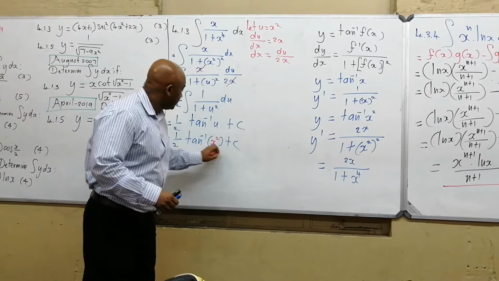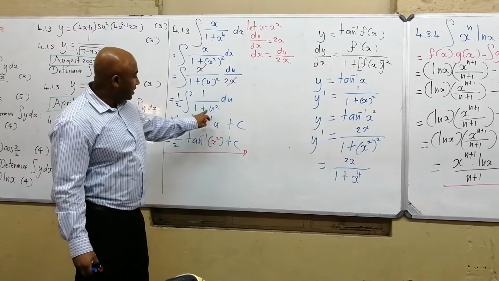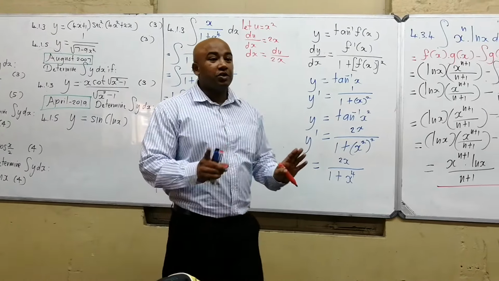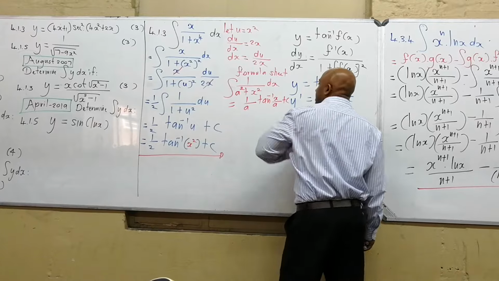Okay, here if you go to your formula sheet, what's shown to you on the formula sheet? This here, so let me just write this down. So on the formula sheet, you have the integral of 1 over a squared plus x squared dx, which is going to equal 1 over a inverse tan x over a plus c.